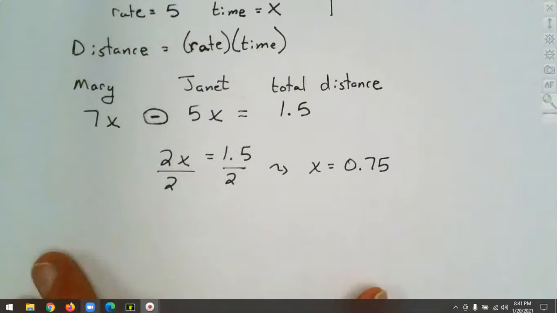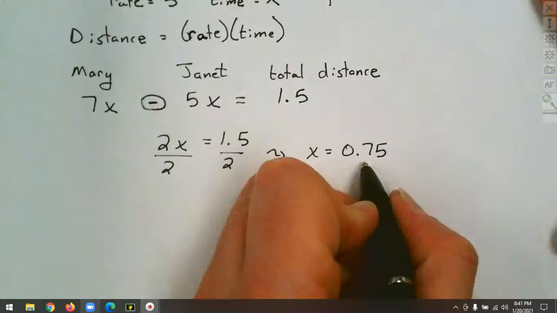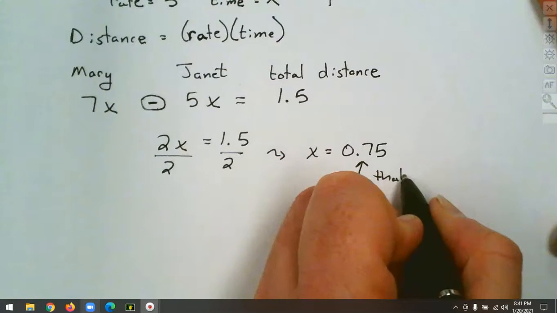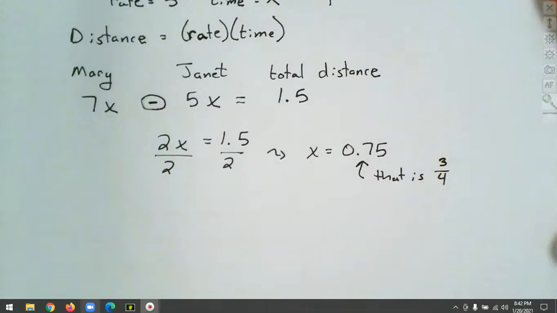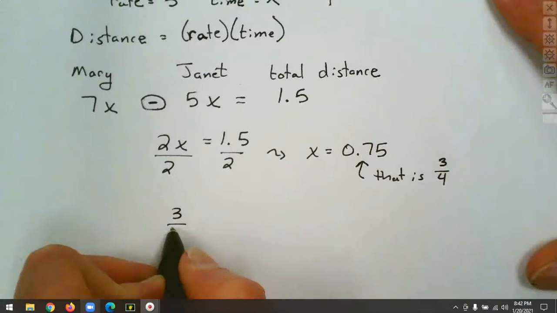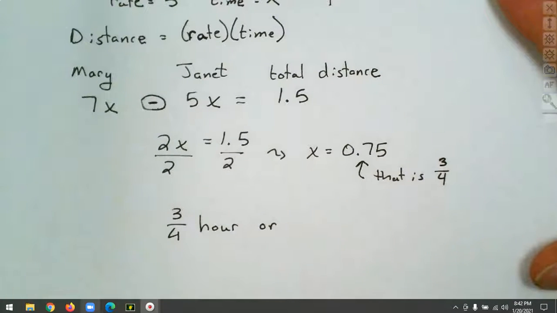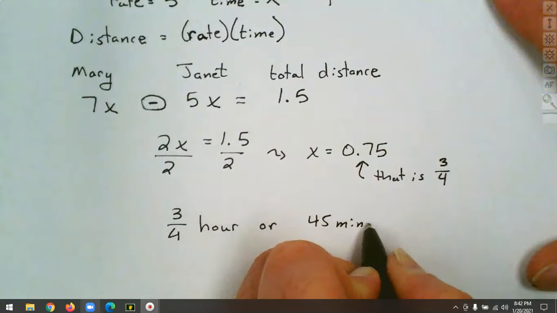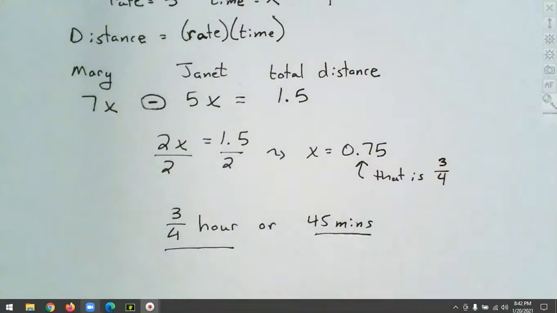And we can write it a couple of different ways. 0.75, well, that is 3/4, right? So we could write this as 3/4 of an hour, or we could write this as 45 minutes. So I would take either one of those.